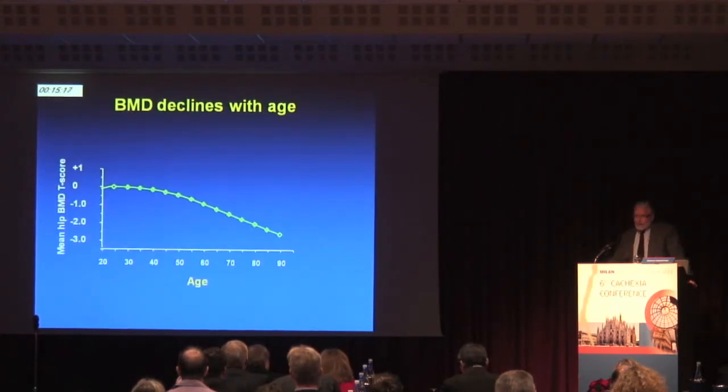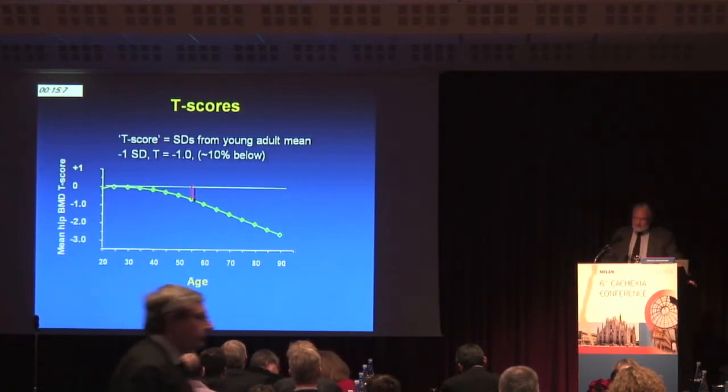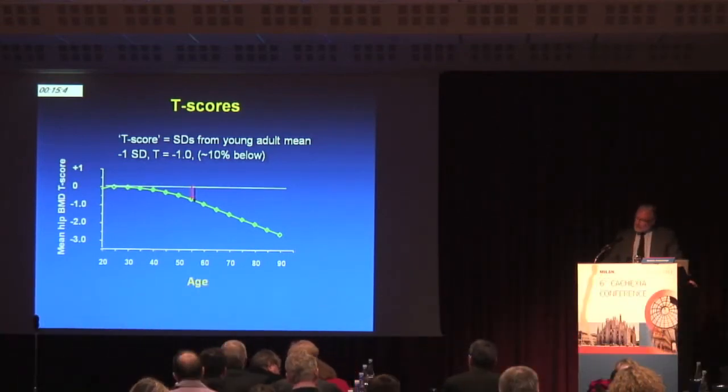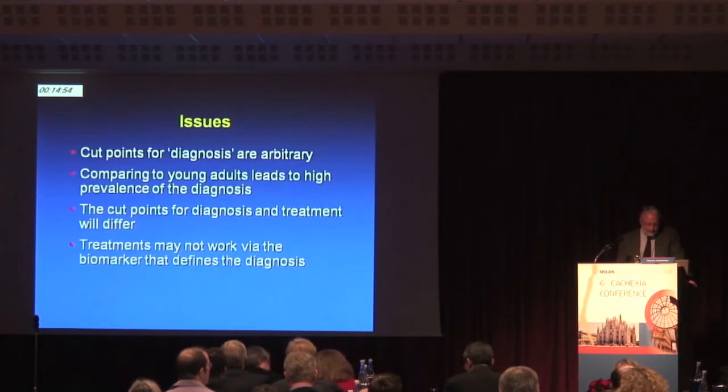In addition, bone density declines with age consistently, just as does muscle mass. And the way this is described in the osteoporosis arena that I'll use is by t-scores. T-scores are the distance from a young normal being, about a 30-year-old. So the -1 t-score is about a 10% lower bone density than at 30.